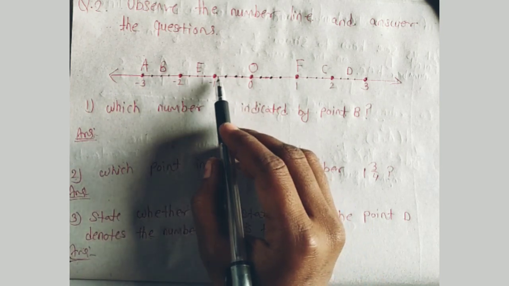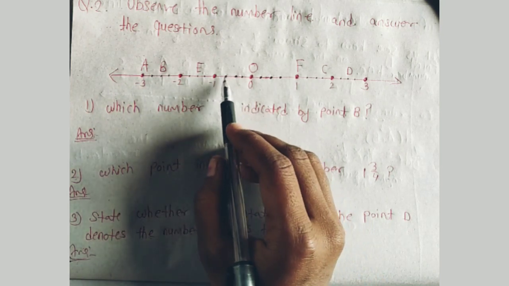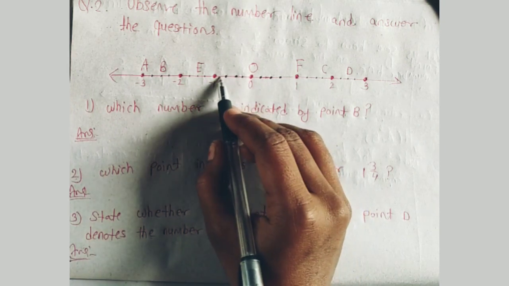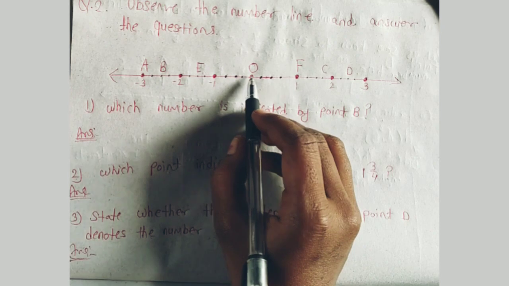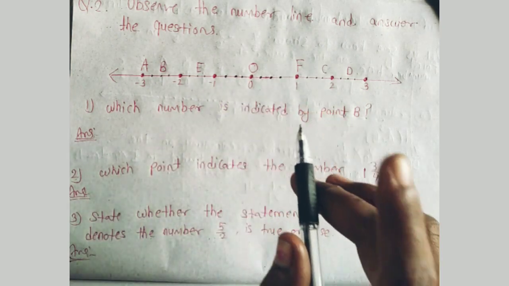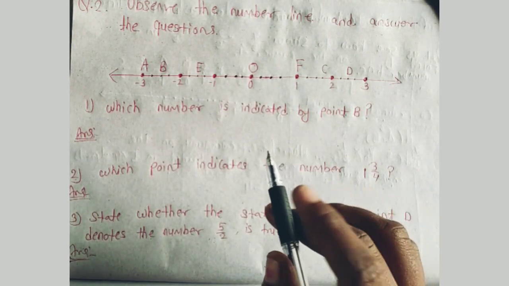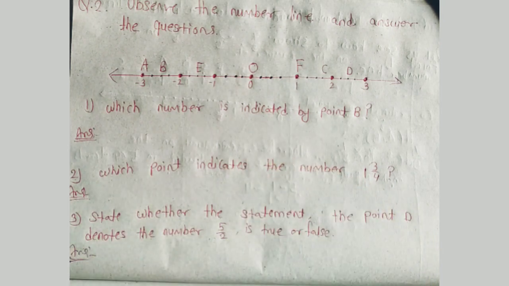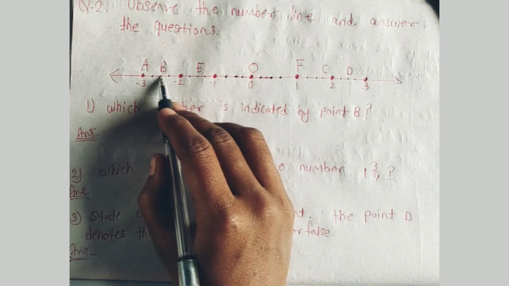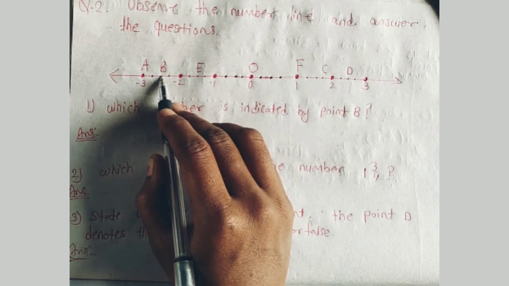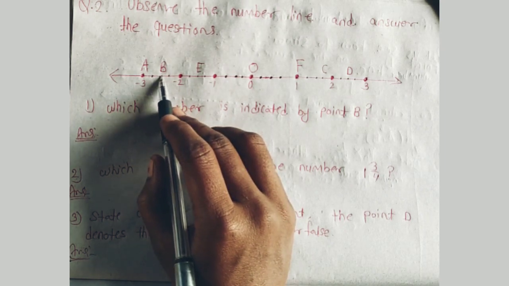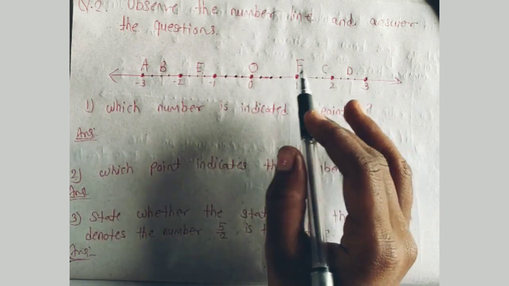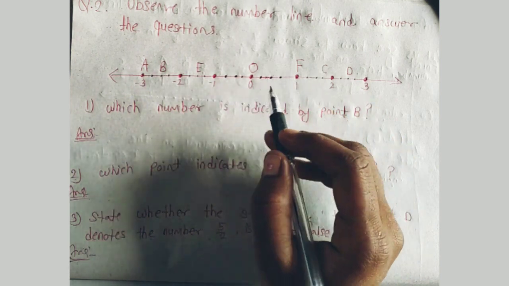The line is divided into 4 equal parts. Point B is here, on the left side of 0.